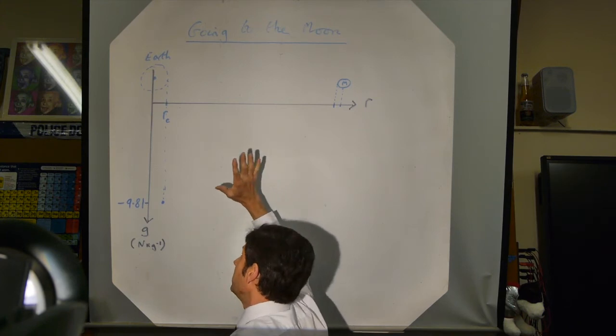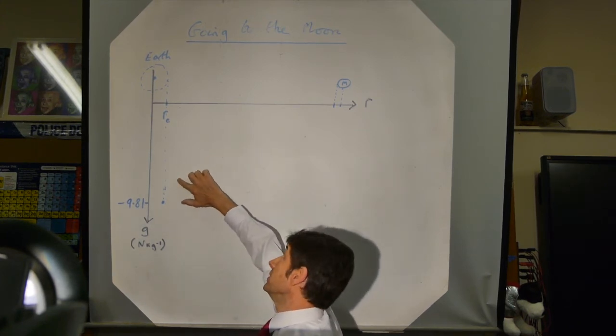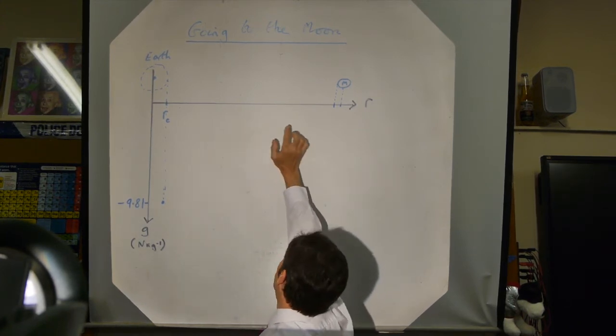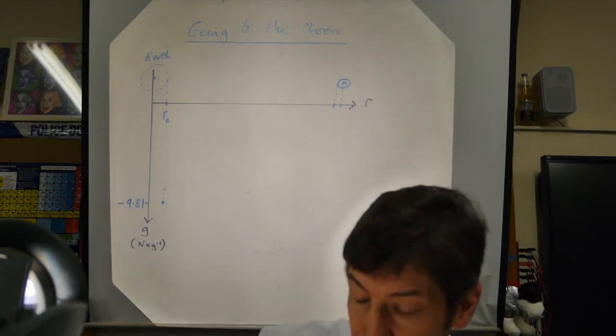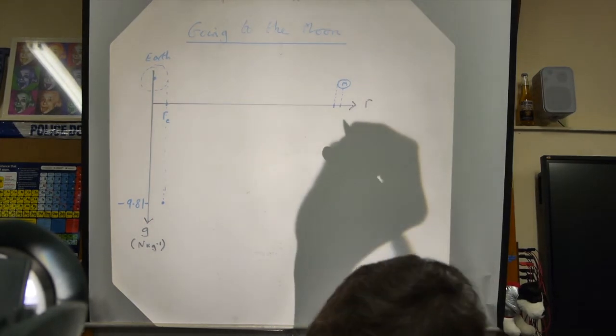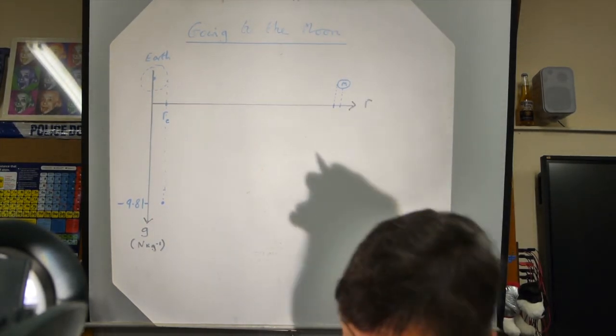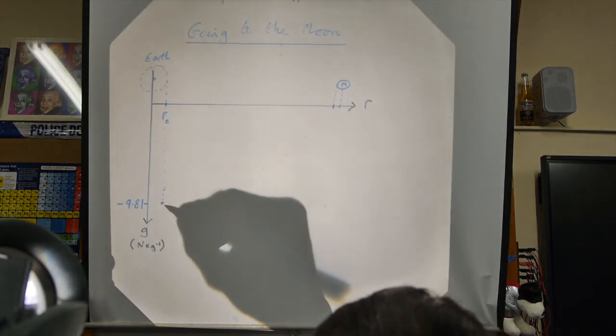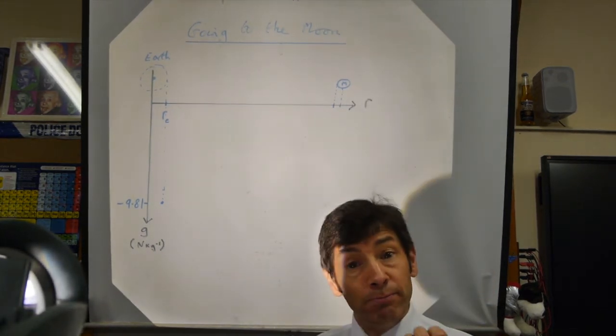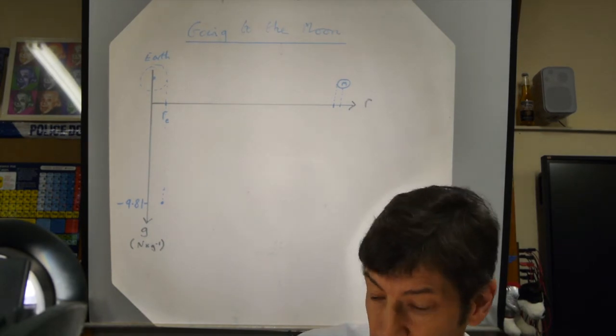But remember that the gravitational field due to the Earth gets weaker, but then the moon starts to pull you. So we've got to combine the two. Now, it's not going to be absolutely brilliant, this drawing, but I'll try my best. We get a sort of graph that is going to be positive when we get to the moon.